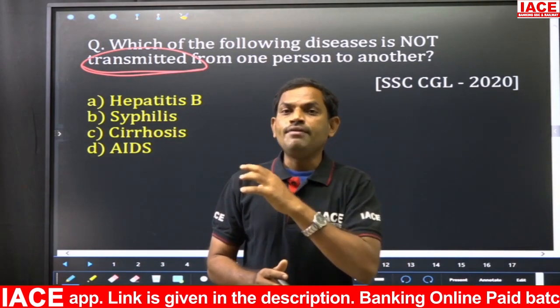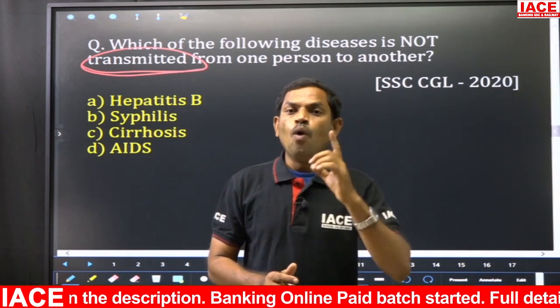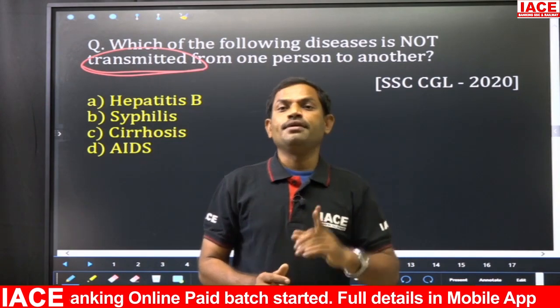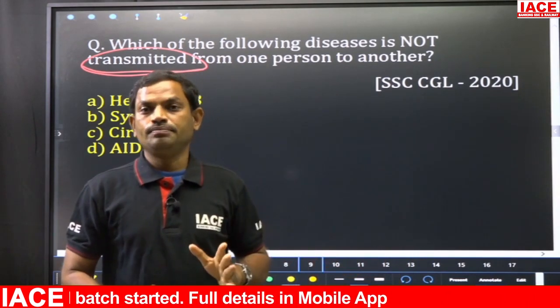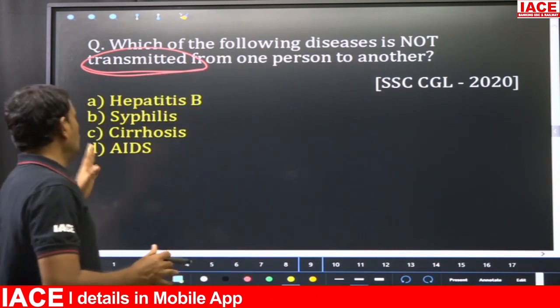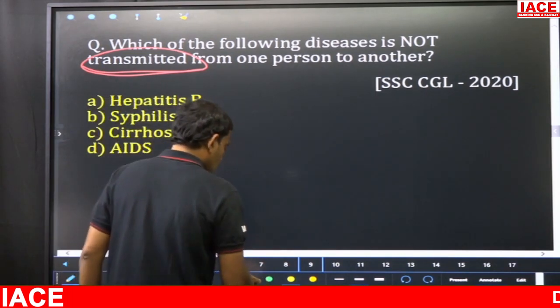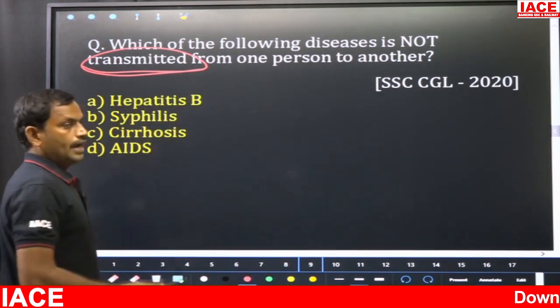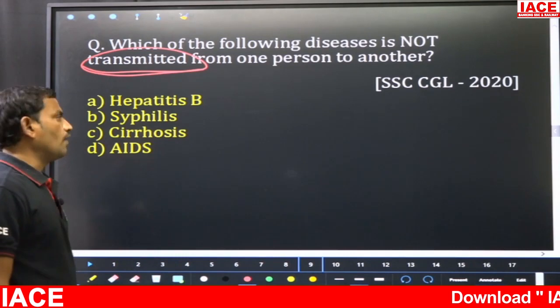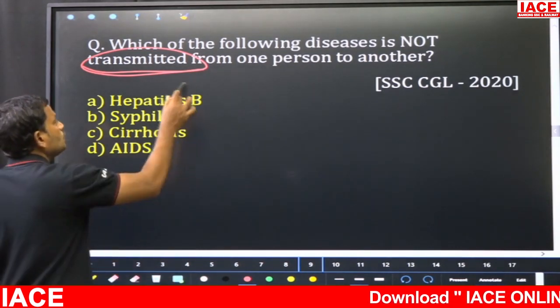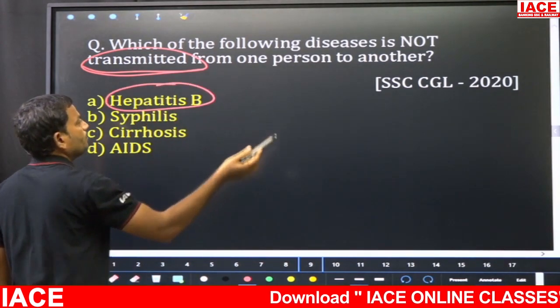Now in the given options, one disease is not transmitted from one person to another person, right? Now let us see what that is. If you take hepatitis B, we know that hepatitis is caused by a virus that causes damage to the liver cells. Since it is caused by virus, it can spread from one person to another person.